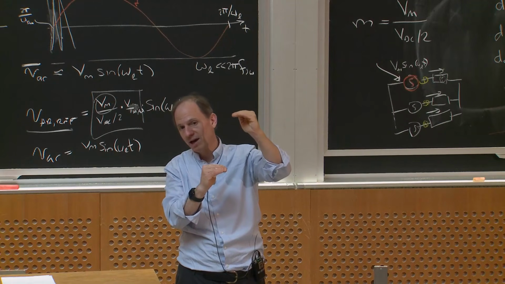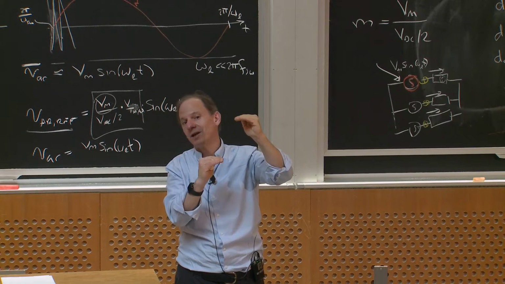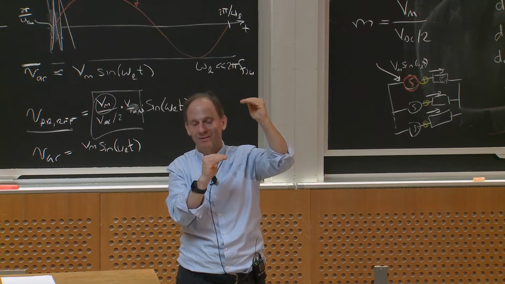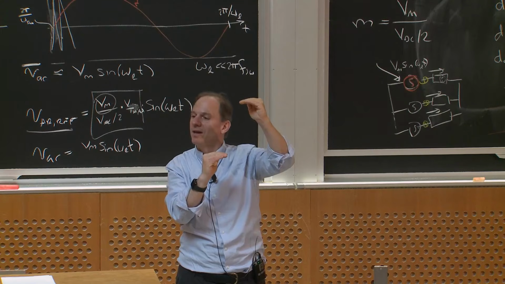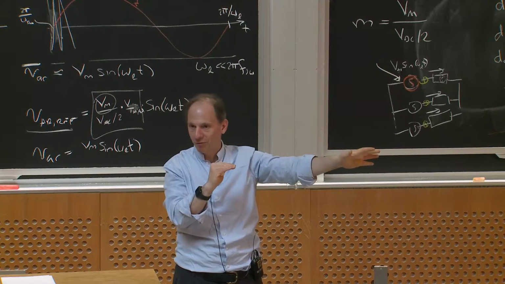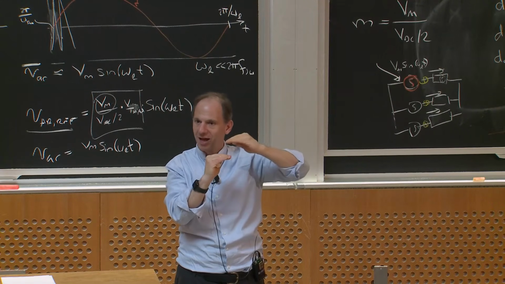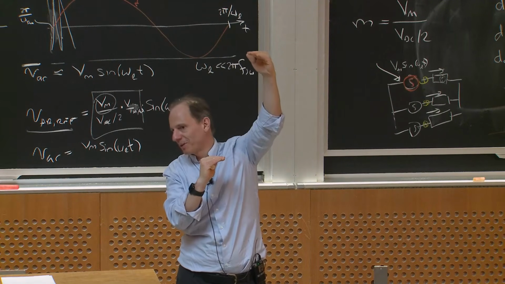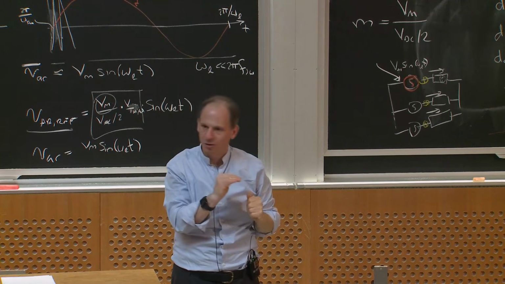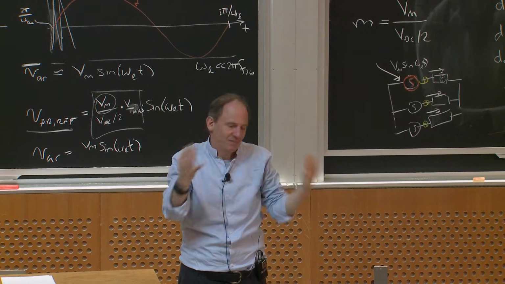With my third harmonic injection trick, I can get it up to VDC over 2 times 1.15. And if I don't care about distortion and let a bunch of low frequency harmonics exist, I can drive up the modulation index even further and get up to 4 over pi times VDC over 2. And people do that.